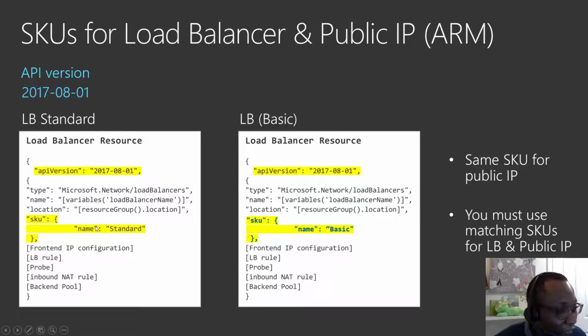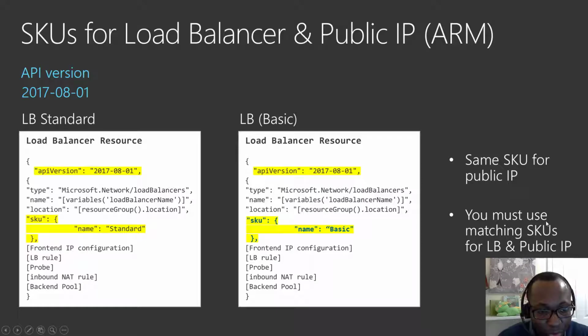And then the main thing that we're changing here is just the SKU. It's essentially the same format, the same syntax. The only difference is now we have a new section called SKU that we can specify basic or standard. If we don't specify any, it's going to default to basic, I think. So that's all, they've just added a new option to specify the SKU.